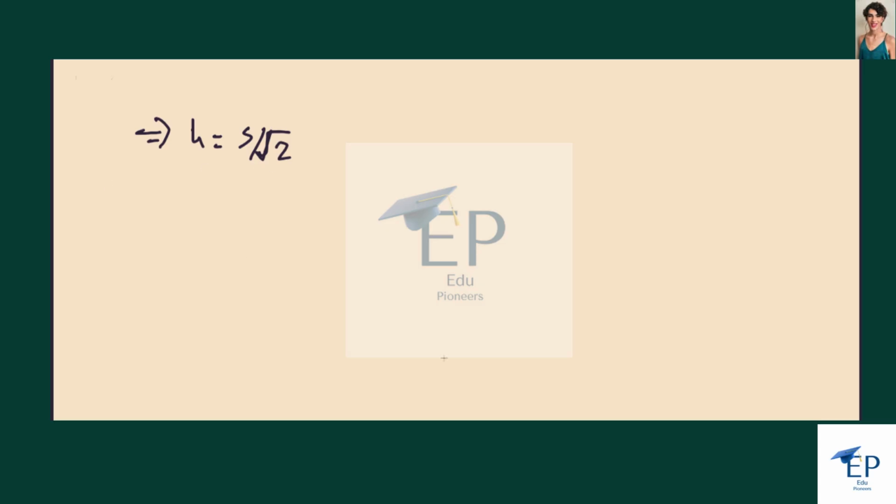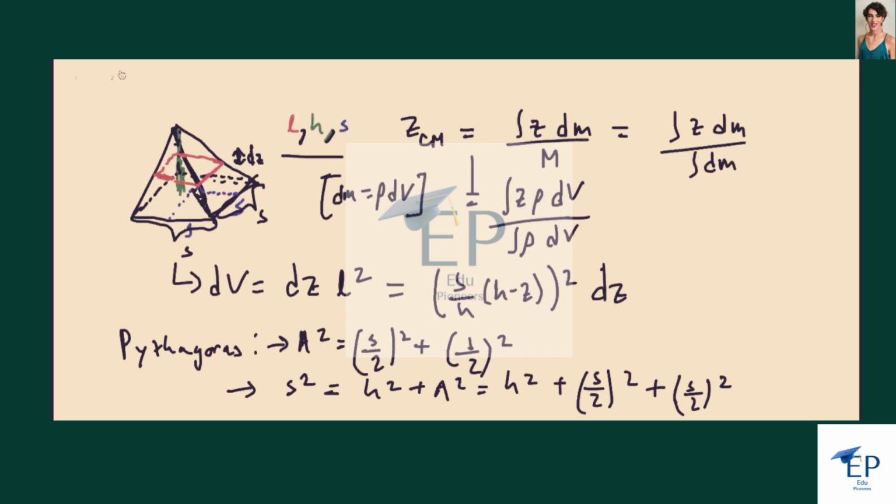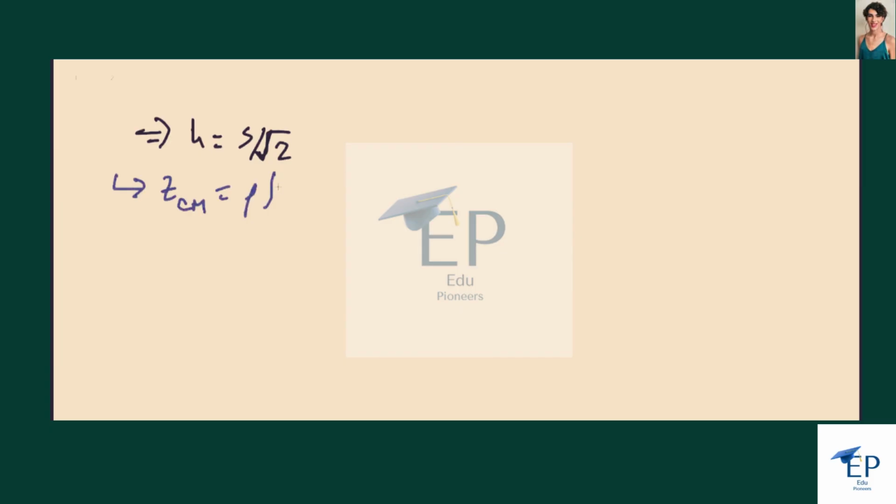All right, now we're in a position to try and tackle the integral. So ZCM is just that. We're going to pull rho outside. It's a constant. Rho times the integral of z times L squared dz over rho times the integral of L squared dz. Right, and so the rho's cancel.